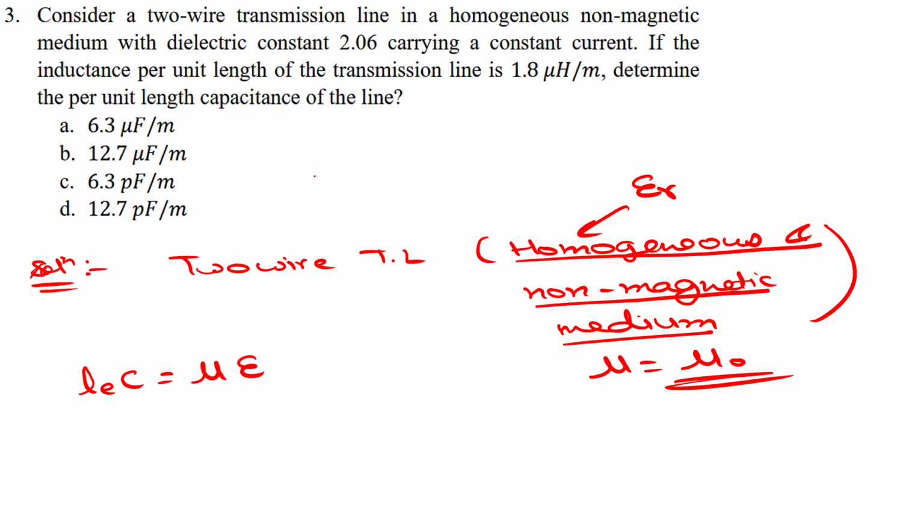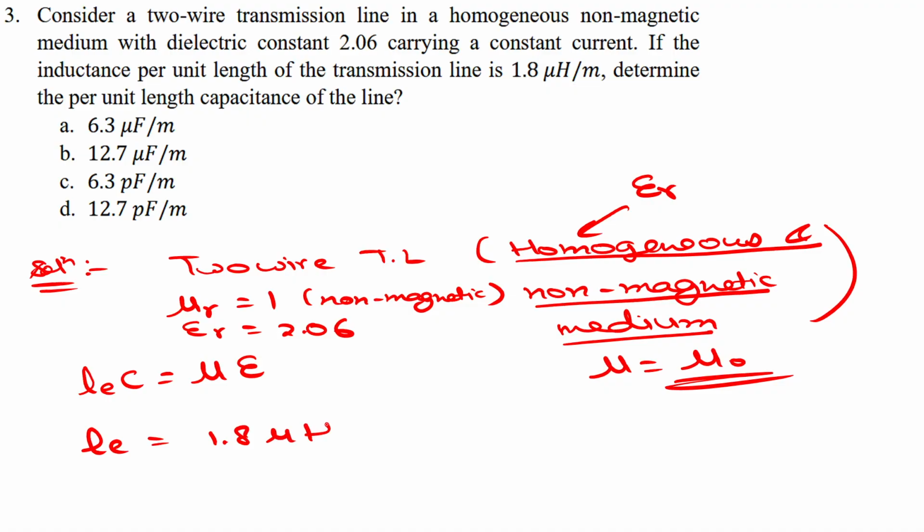In the problem, Le is given as 1.8 microhenry per meter, and dielectric constant epsilon r is also given, which is 2.06, and mu r is 1 because it's a non-magnetic material. So inductance per unit length Le is 1.8 microhenry per meter.